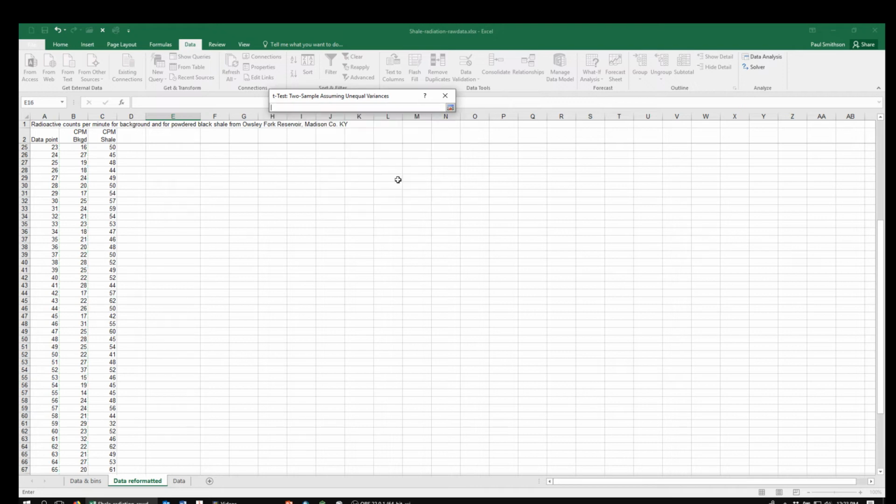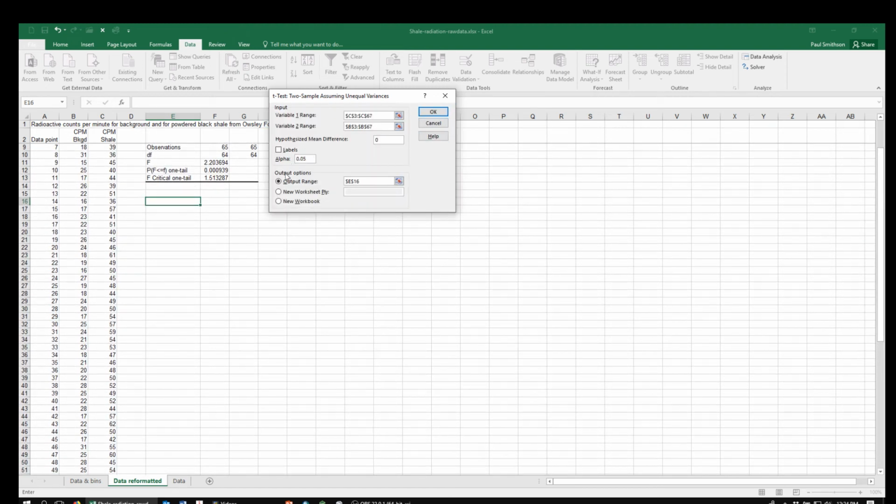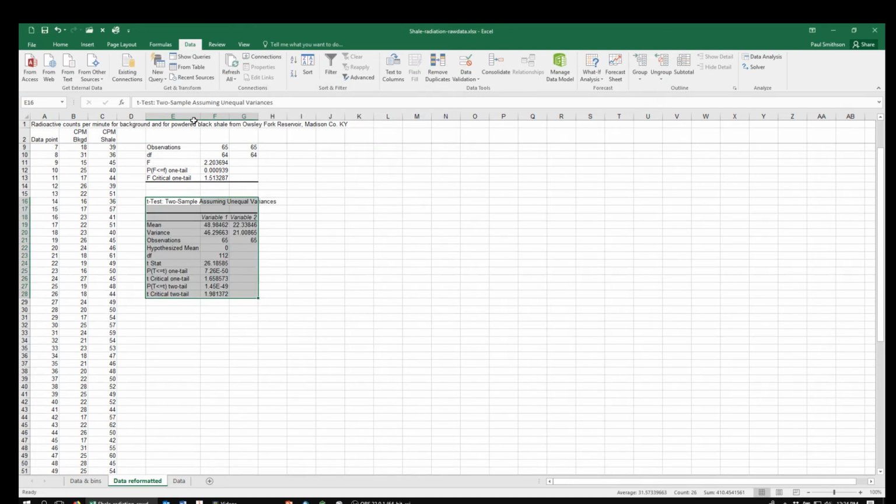Our output range we'll put right here, looks okay, and that looks alright. We say okay.